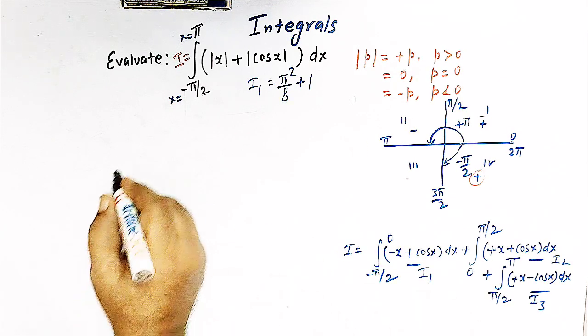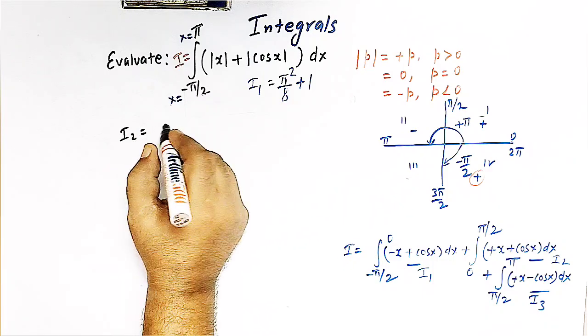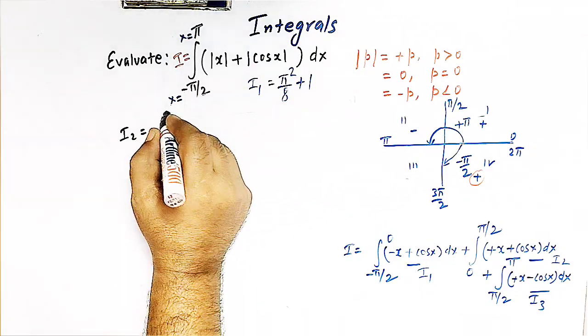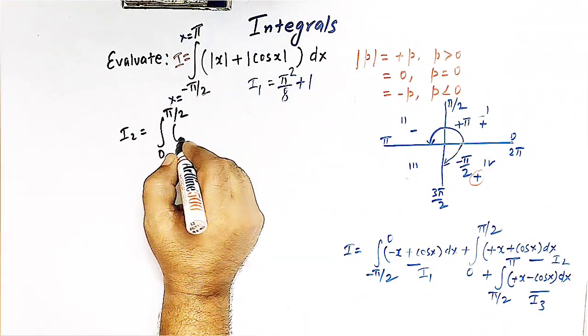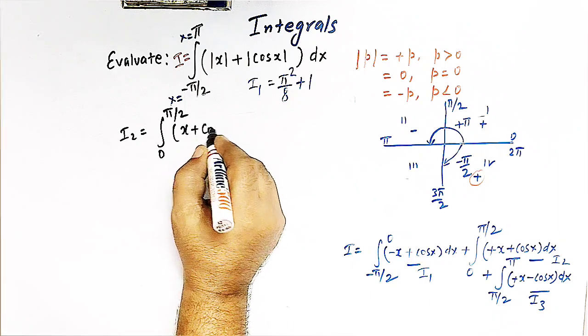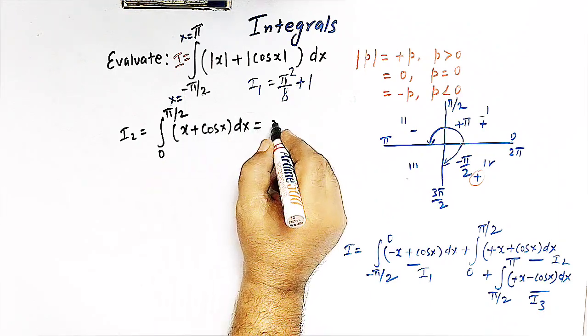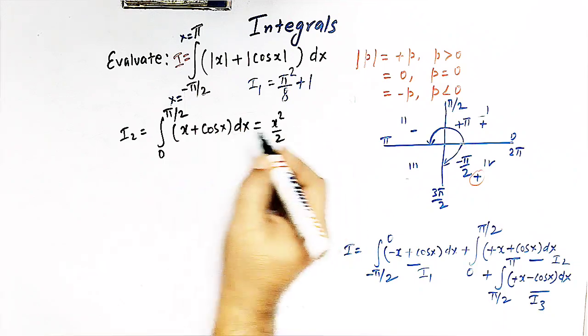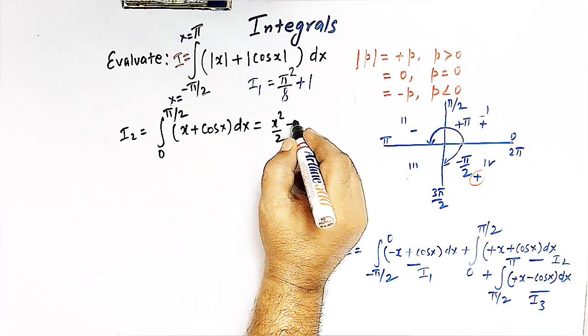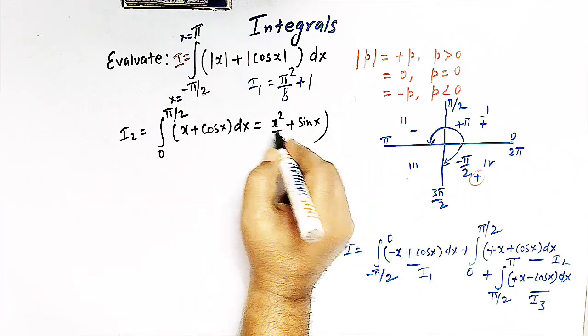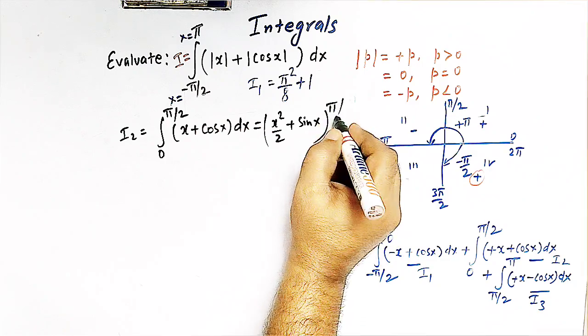Now let us find out I2. So we have I2 from 0 to pi by 2, and here we have x plus cos of x dx, and the integral of x is x square over 2, integral of cosine x is sine x, and limits are from 0 to pi by 2.